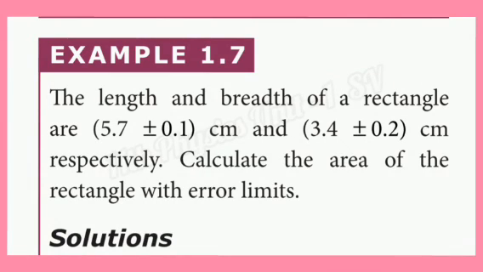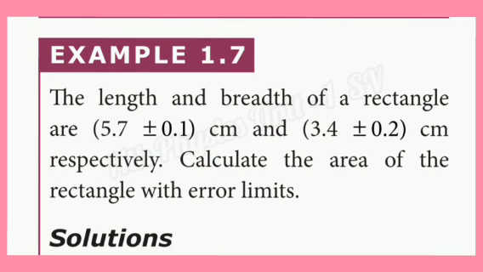For example 1.7: the length and breadth of a rectangle are 5.7 plus or minus 0.1 centimeter and 3.4 plus or minus 0.2 centimeter respectively. Calculate the area of the rectangle with error limits.